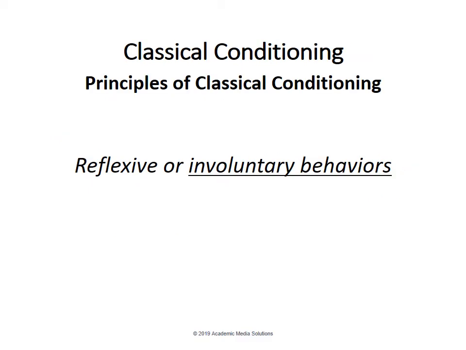Let's talk about some principles of classical conditioning. Classical conditioning is an associative type of learning where one thing becomes associated with another thing. Classical conditioning has to do with reflexive or involuntary behaviors. For example, when food powder is presented to Pavlov's dogs, they started to drool.